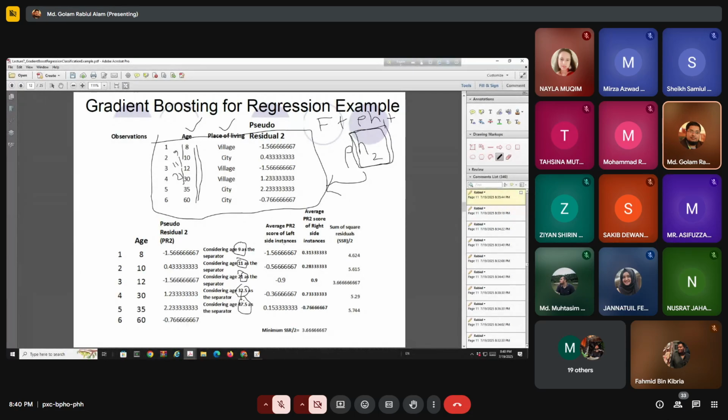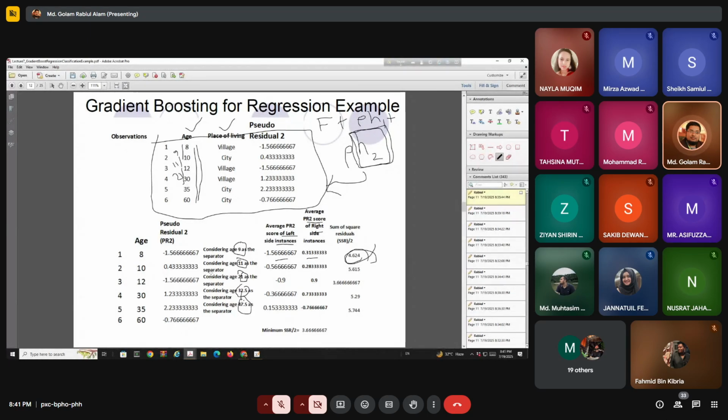Then the left side instances average and the right side instances average, and find out the sum square residual value. So here is our pseudo residual, 4.624.